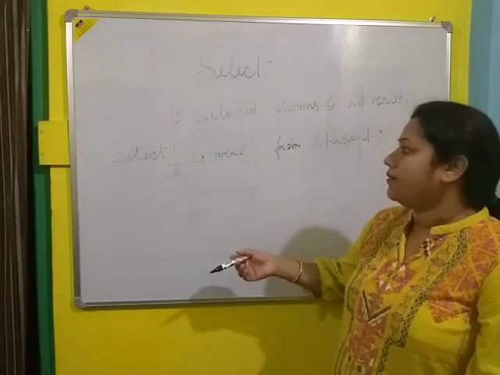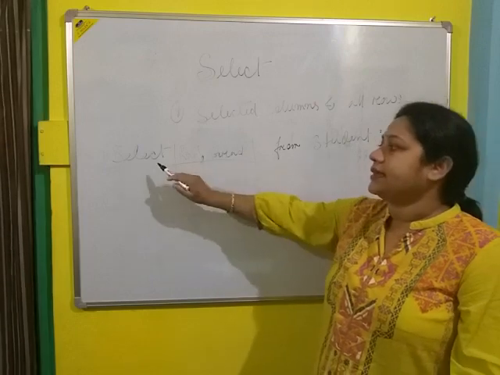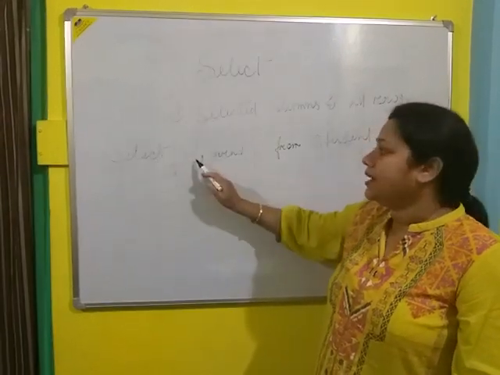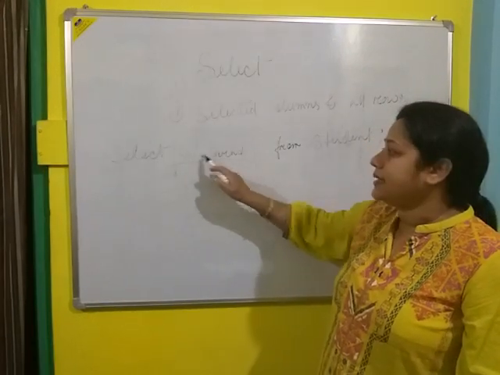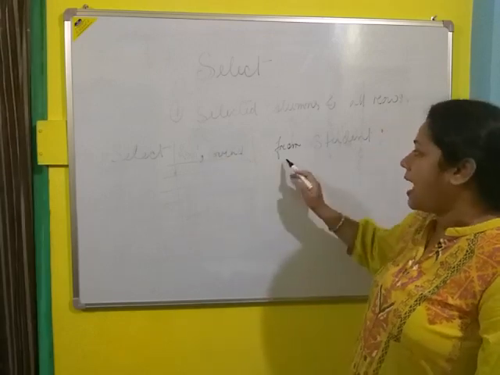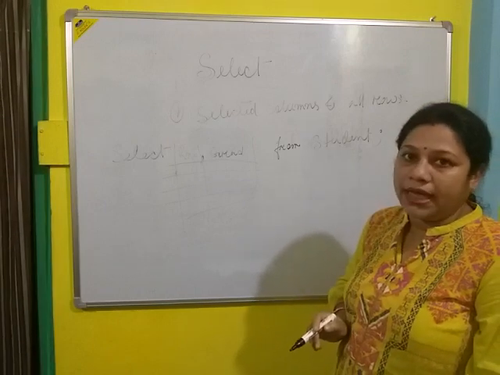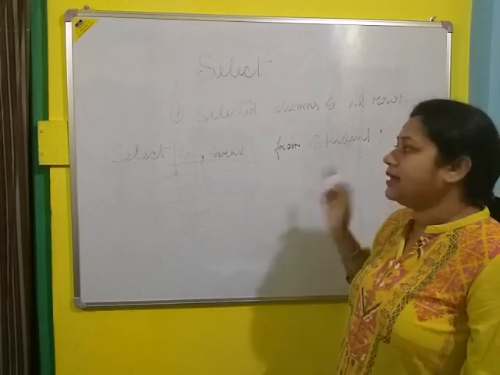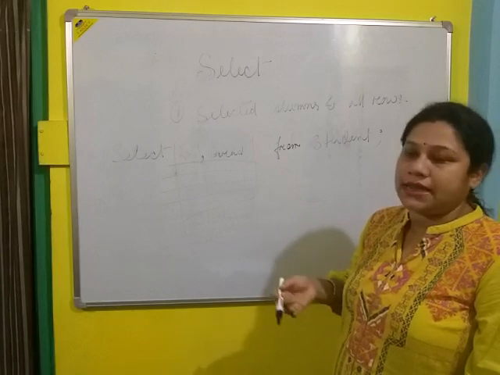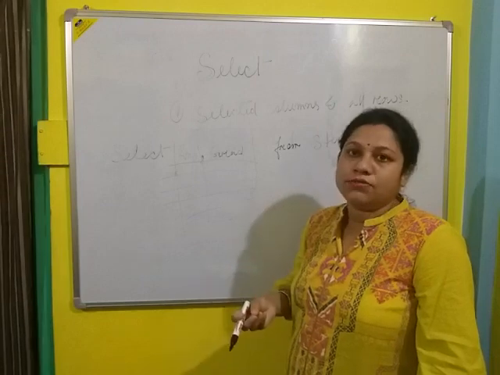For writing the statement, you have to write the select statement, give the required column names, and separate the column names by using the comma operator. After that you write from and give the table name.